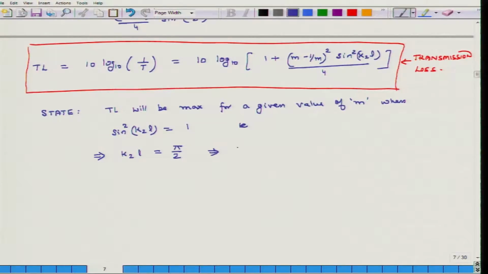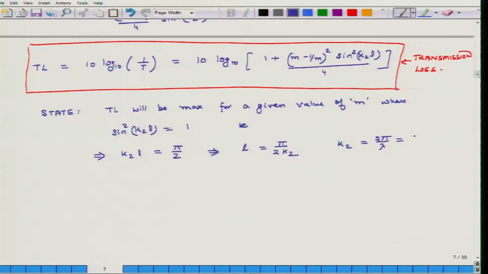So, this implies that L equals pi over 2 K2, and K2 equals 2 pi over lambda.